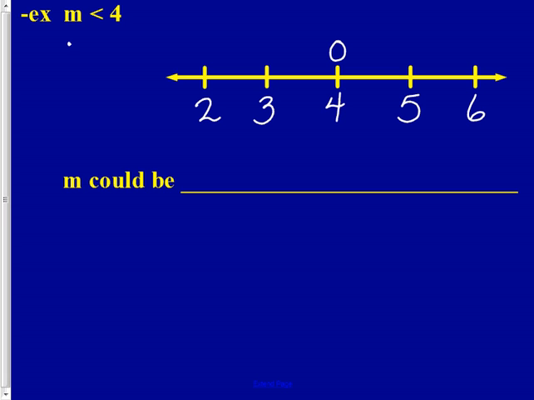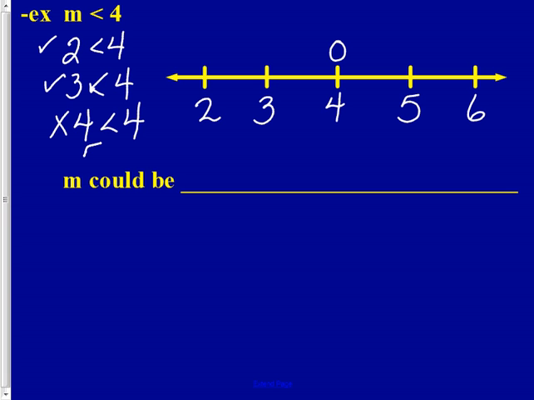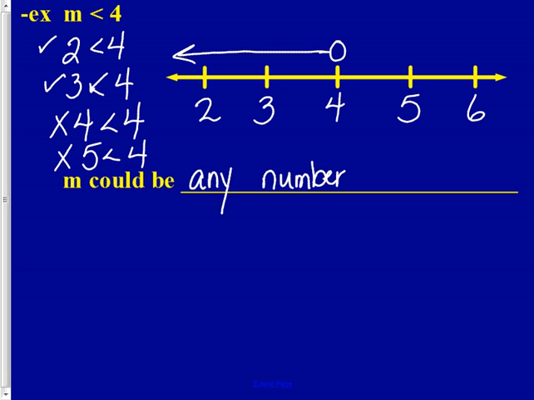Is 2 less than 4? Yes. Is 3 less than 4? Yes. Is 4 less than 4? No. Is 5 less than 4? No. And 6 is also not less than 4. So we point toward the 2 and the 3, the numbers that are less than 4. So m could be any number less than 4.